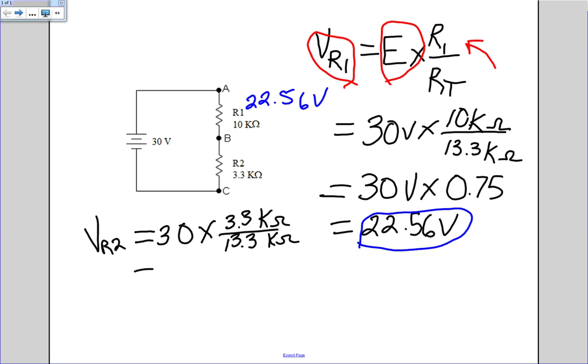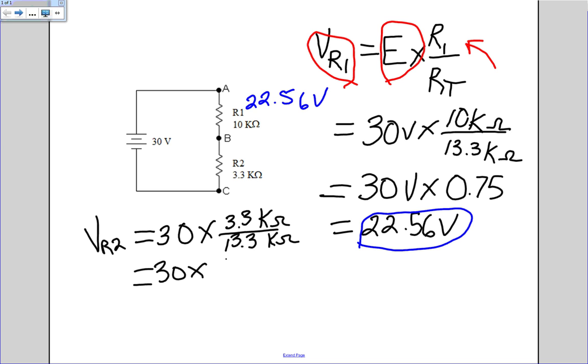Okay, so I'm going to take 30 times whatever our ratio is. I just have to do it on my calculator here. So the ratio of 3.3 divided by 13.3 means that it's about 24%. So we'll just write that in here.